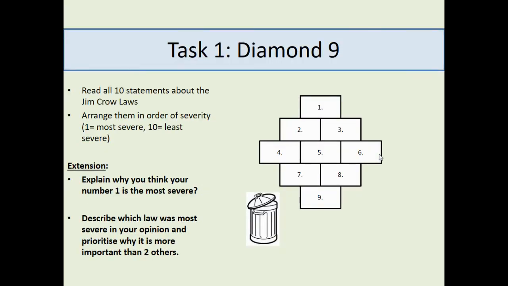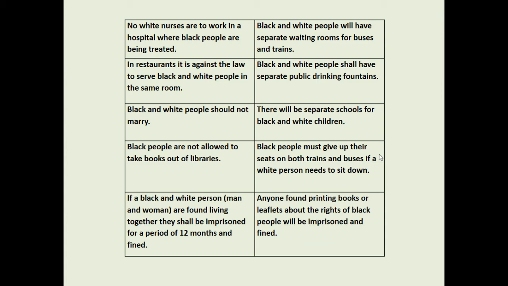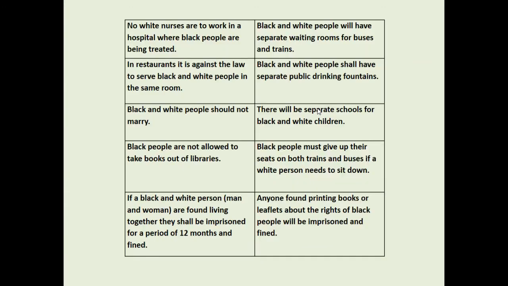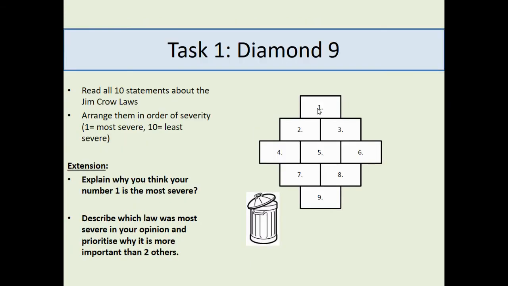So what I want you to do is, I know this task is in your booklet. Now, you may have already completed this task, okay? But I'm going to go through these laws with you, which are the same ones that you've got in your booklet. And I want you to draw out this diamond 9, okay? So number 1 is going to be the most severe of this list, which is the most racist.